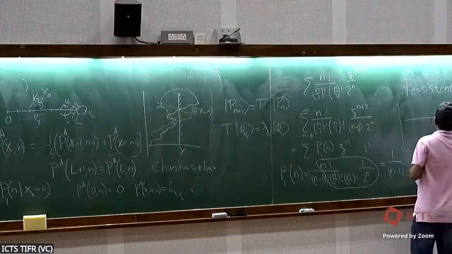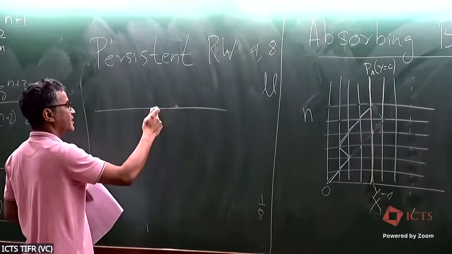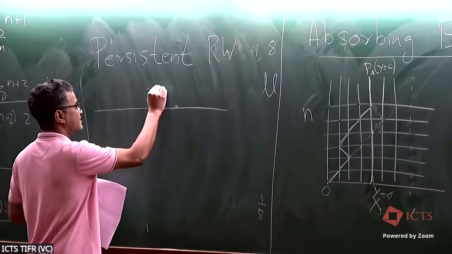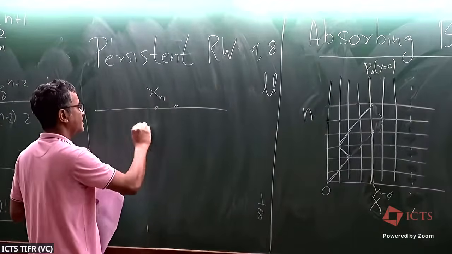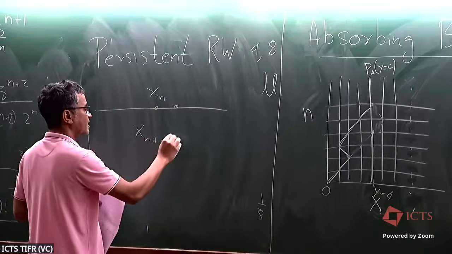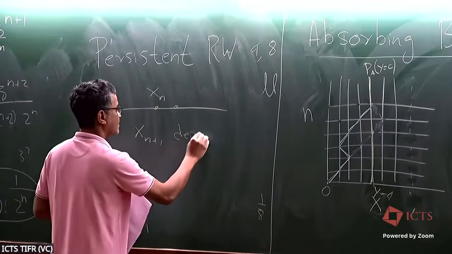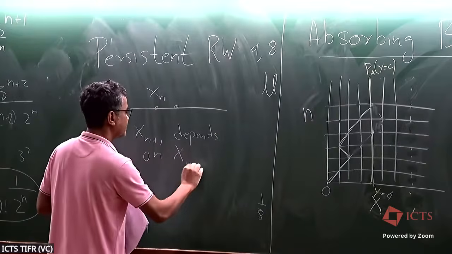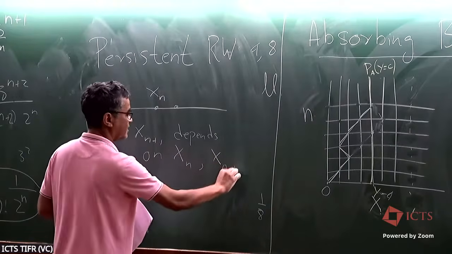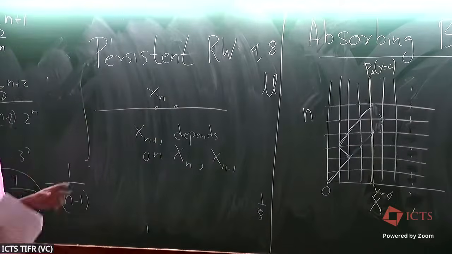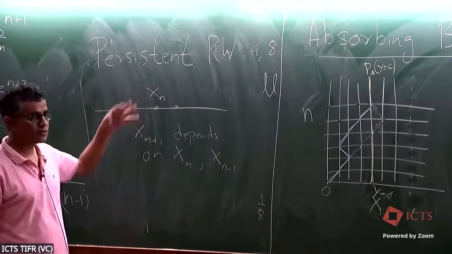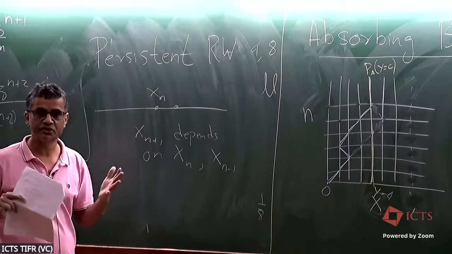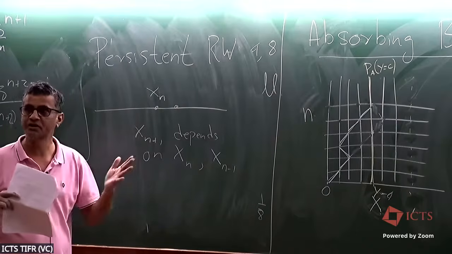This is a walk where every time it takes a step, if it's at x_n, then x_{n+1} depends on both x_n and x_{n-1}. Persistence means it tries to continue doing the same thing.